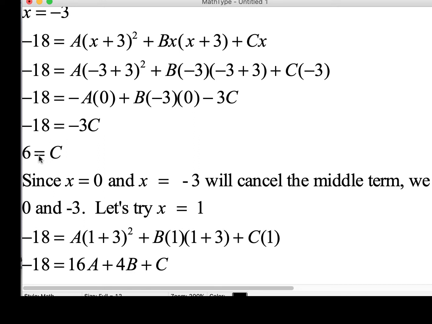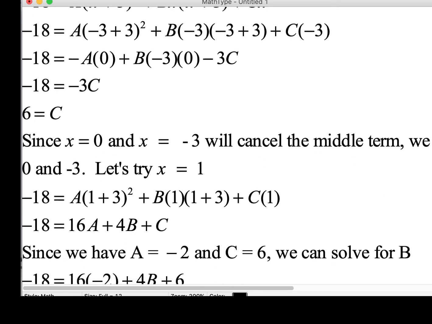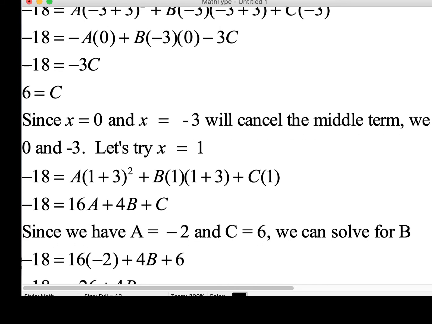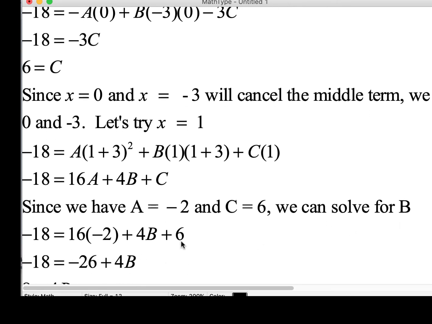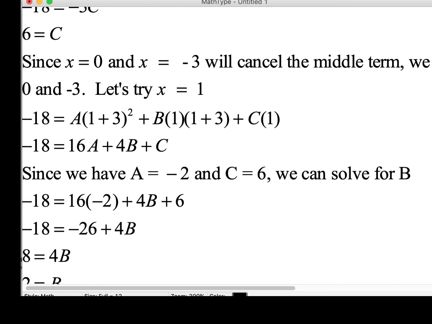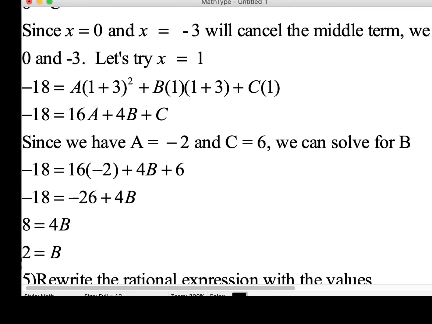Since we know that c is 6 and a was -2, plugging in a equal to -2 and c equal to 6, we get -32 plus 6, which gives us -26. Adding 26 to both sides, we get 8. And 8 is equal to 4b, so b is equal to 2.